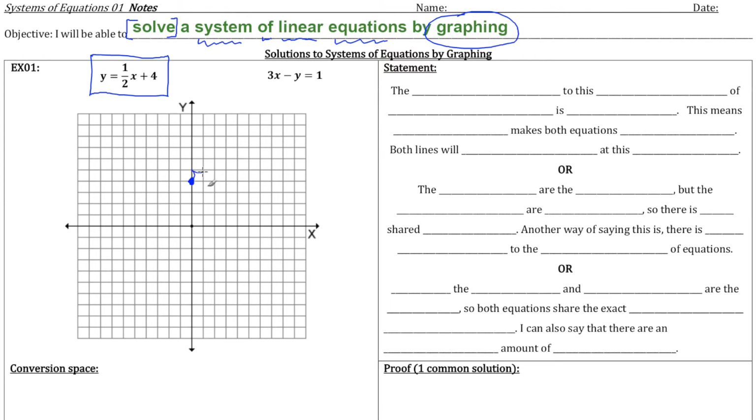Up 1 over 2. Up 1 over 2. Okay, so I can see that there's a pattern. I'm going to use these solutions to represent the rest of the solutions. Oh, started off on a not great note there.